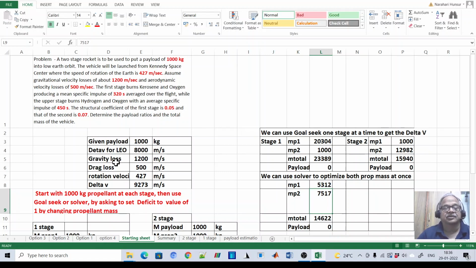But you have to add to that the gravitational loss, about 1200 meters per second given in the problem, and drag loss of 500 meters per second. But you can take advantage of the rotational speed of 427 meters per second. So if you total up all this, 8 kilometers plus 1.2 kilometers plus half a kilometer minus 427 meters, you get a delta V of around 9273 meters per second.